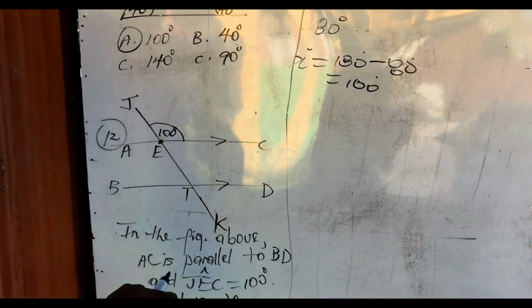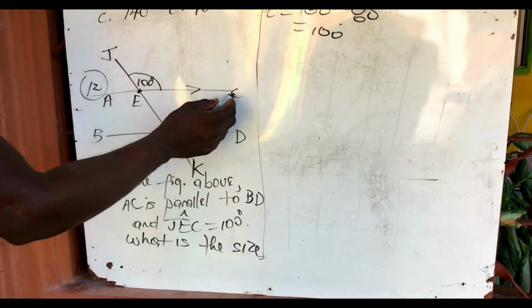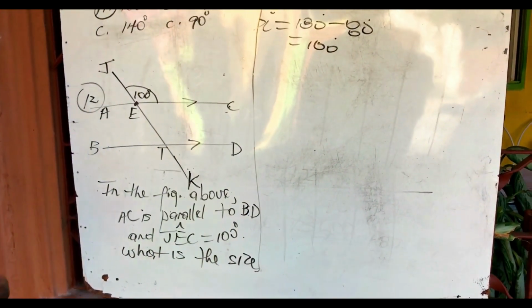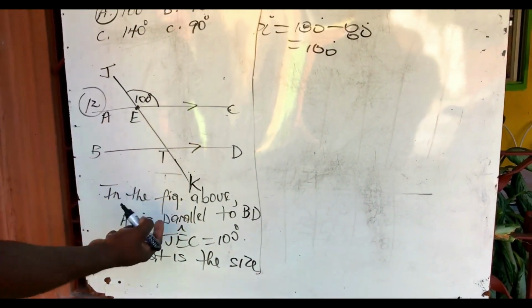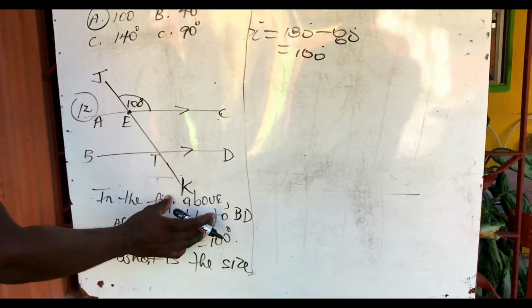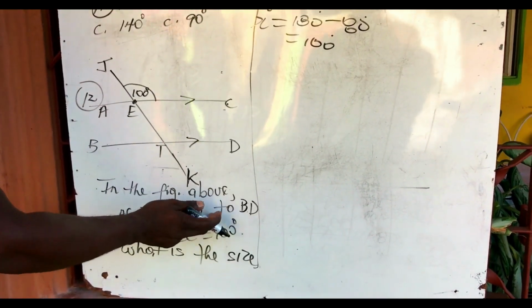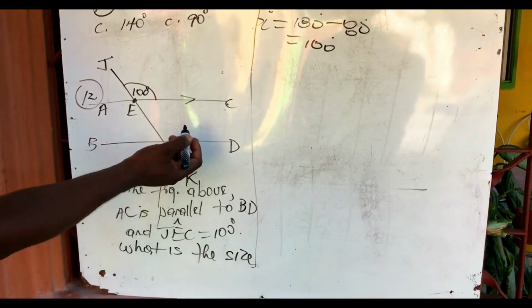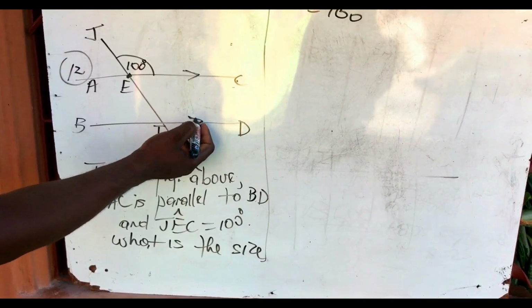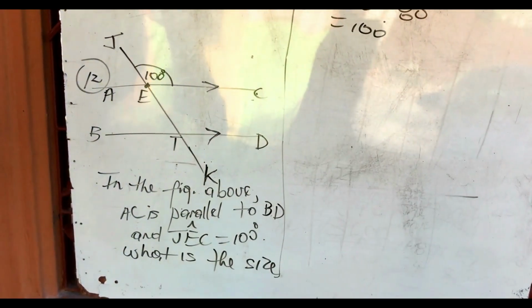Now when we look at this, it says in the figure above, number 12 here, AC is parallel to BD. Please look at the figure while reading to see if the information matches what is on the diagram, or the diagram matches what is in the information. So good. Here you see an arrow, here you see an arrow, suggesting that these two lines are parallel.